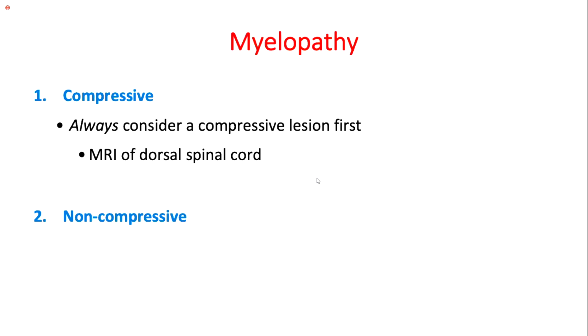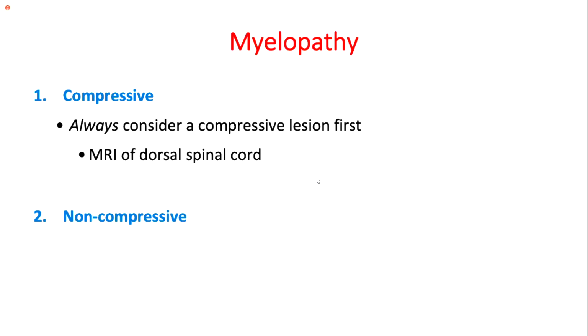Once we get rid of a compressive lesion, so how do we know that it's a compressive lesion? There's only one investigation, the MRI. CT doesn't work, X-ray is not good enough, you have to go for MRI. So if you have a patient with a myelopathy, your investigation of choice is MRI. And it is not to get a date for MRI.